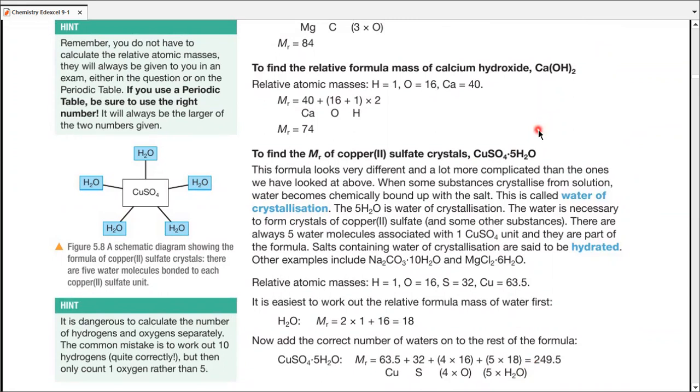63.5 plus 32 plus 4 oxygen atoms plus 5 water molecules. There you go, 249.5. Pretty easy. But sir, after water molecules, there is again oxygen, right? Five oxygen.